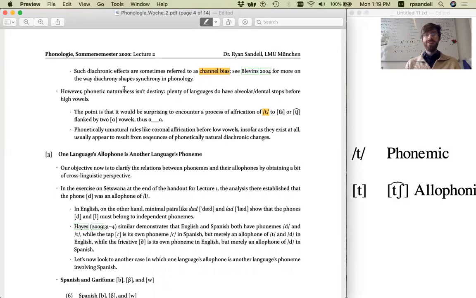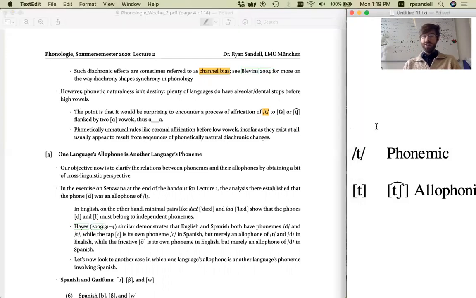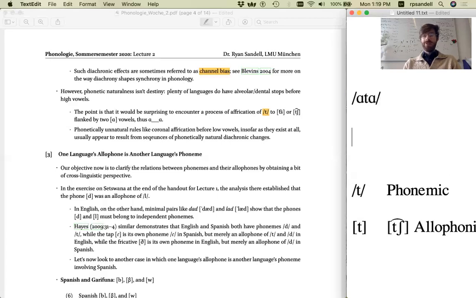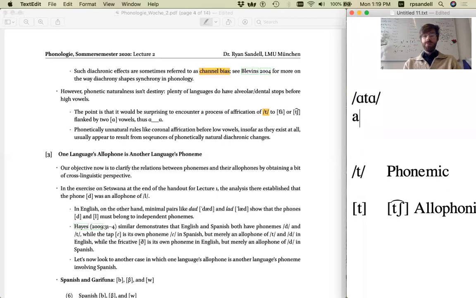So if we had an instance where ta became tsa, if we had our underlying word, let's say, in an invented language, an underlying form which by a rule of affrication was transformed into otsa. That would be pretty strange.